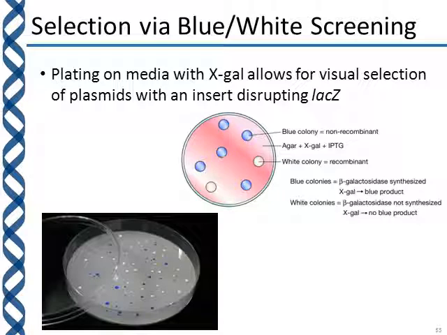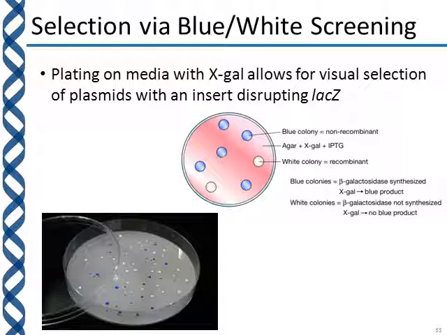Plating on media with X-gal allows the visual selection of plasmids with an insert disrupting the LacZ. In the diagram we see blue colonies, which contain the non-recombinants, and white colonies, which contain the recombinants. The lower photograph shows you this in an actual colored photograph.